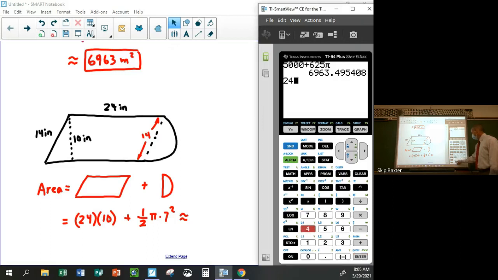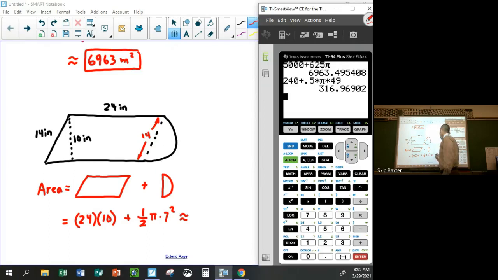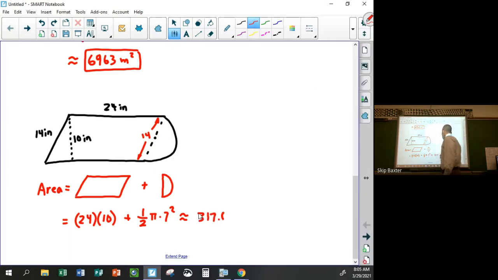So 240 plus 0.5 times pi times 49 equals, so to the nearest tenth, what would this be? 317.0. Okay, so just be careful about rounding. 317.0. And it would be square inches.